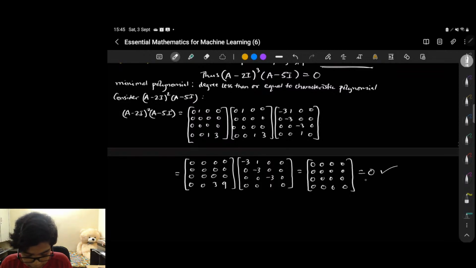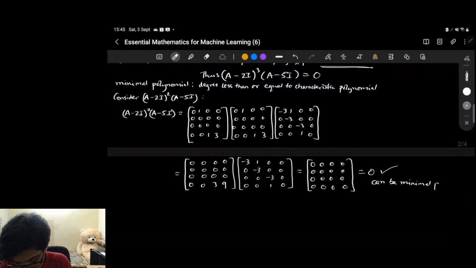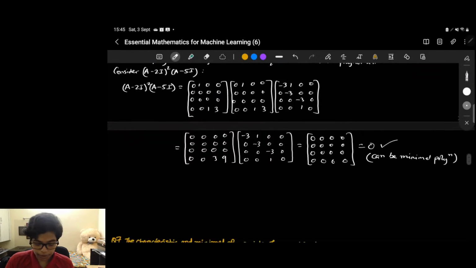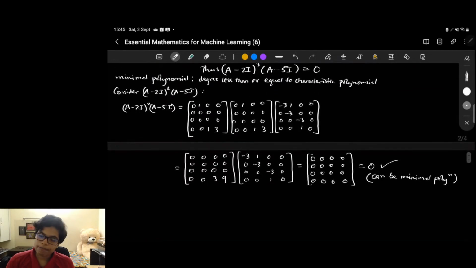So this can be a minimal polynomial, because for a minimal polynomial, we need the expression to equal 0 when we put in the matrix A, whatever matrix we have. But what if we further try and reduce the degree?